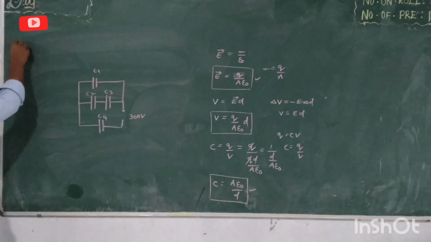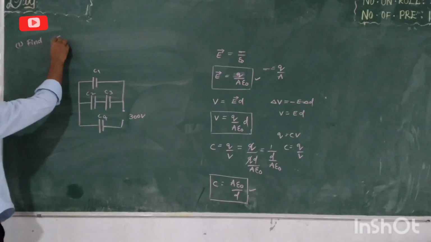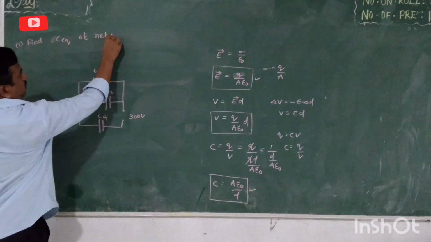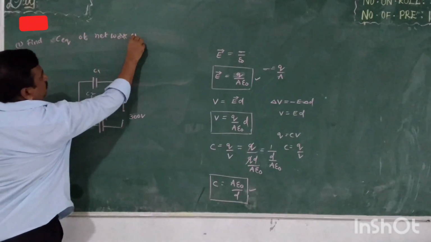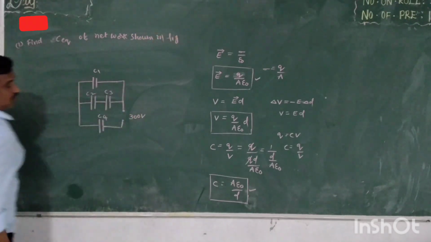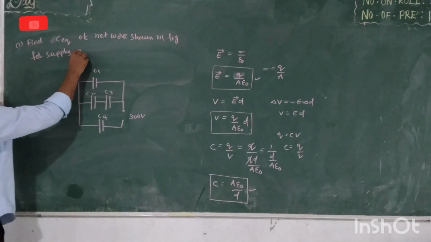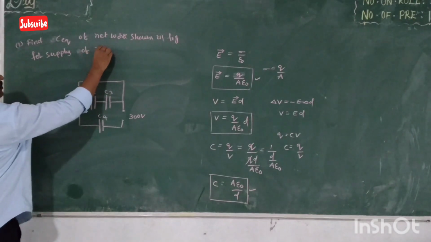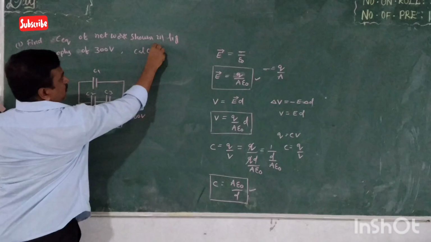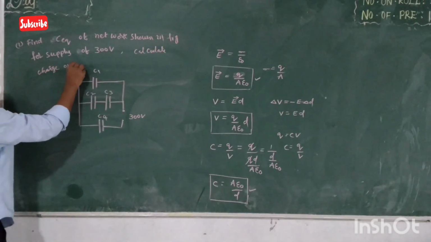In this case, first find the equivalent capacitance, C equivalent, of the network shown in the figure for a supply of 300 volt, and calculate the charge on each capacitor.